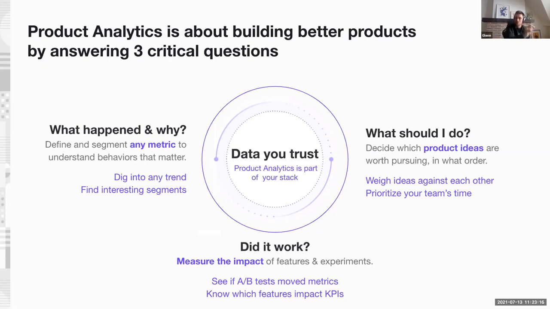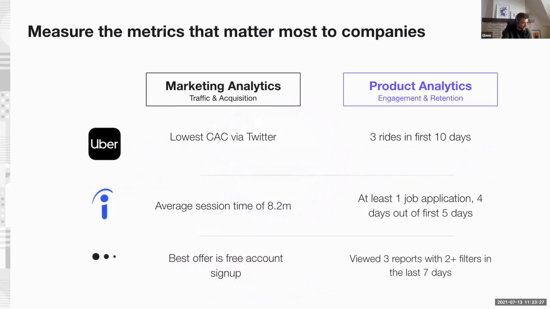And if they work, so the last question, did it work? It actually determines the backlog or the roadmap for your product moving forward, which is what Killian's team is busy doing. A very good summary for me, very visual, on what the difference is between marketing analytics and product analytics.